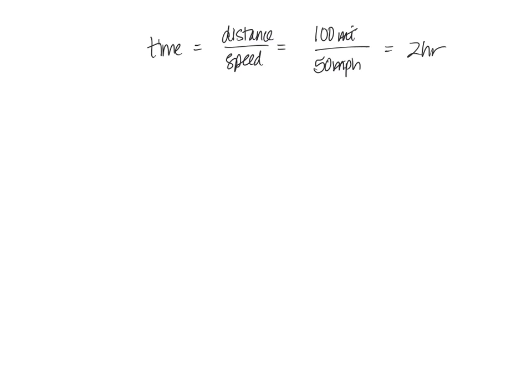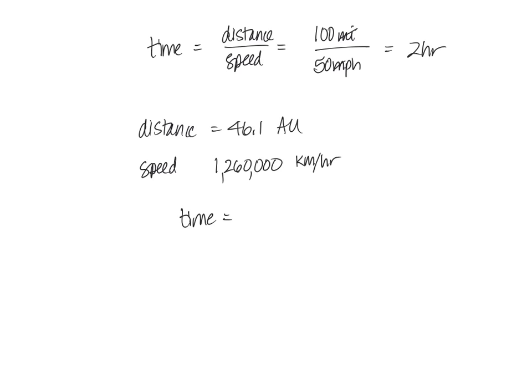In the problems that we're given, for example, when our distance is 46.1 astronomical units and our speed is 1,260,000 kilometers per hour, when we look at this divided, these units aren't the same. We can't just divide those two things because they're not in the same units.